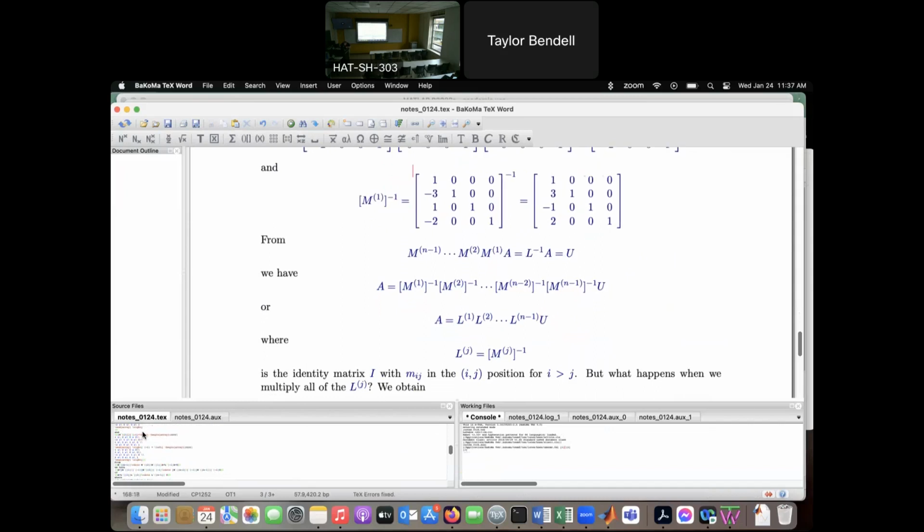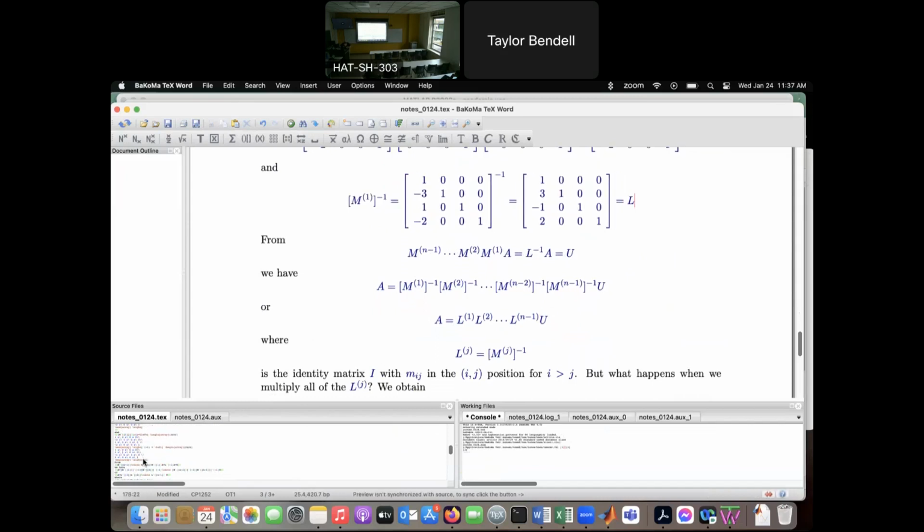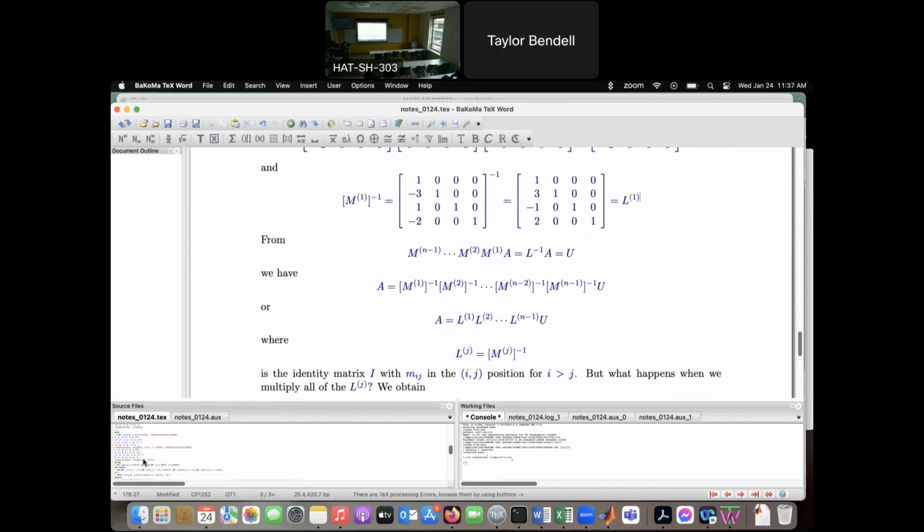I'm taking the inverse. And so in the notation that's down below, this matrix, the inverse, I'm calling L1. And it's 1 because this matrix comes from applying row operations to eliminate entries in column 1.